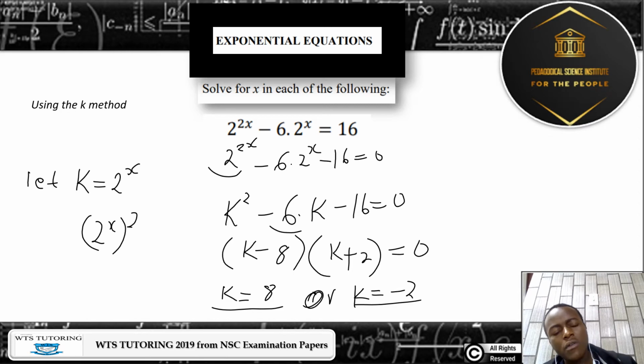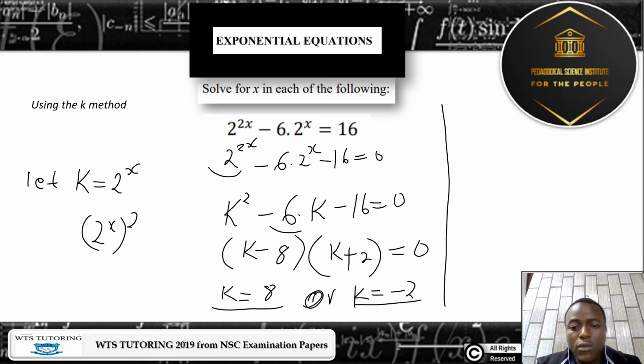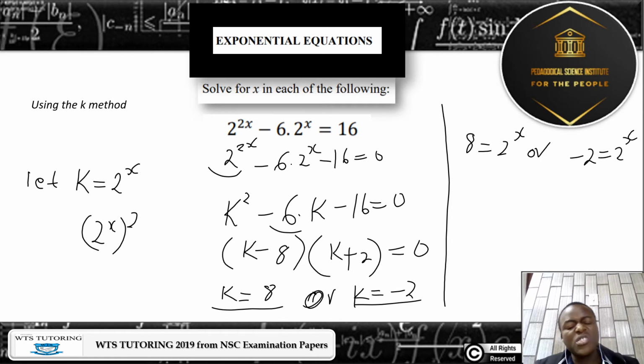Then I can now go back and substitute my k to solve for x. Remember we said k is equal to 2 exponent x. So I can put 8 is equal to 2 exponent x, or I can put minus 2 is equal to 2 exponent x. In order to solve, I can take 8 to the power of the same base, which is 2, so 2 exponent 3 is equal to 2 exponent x.